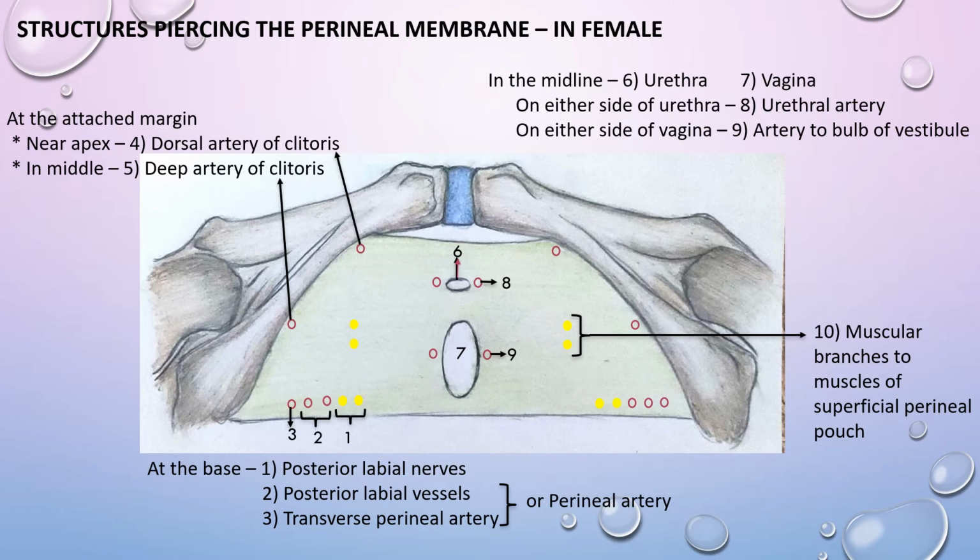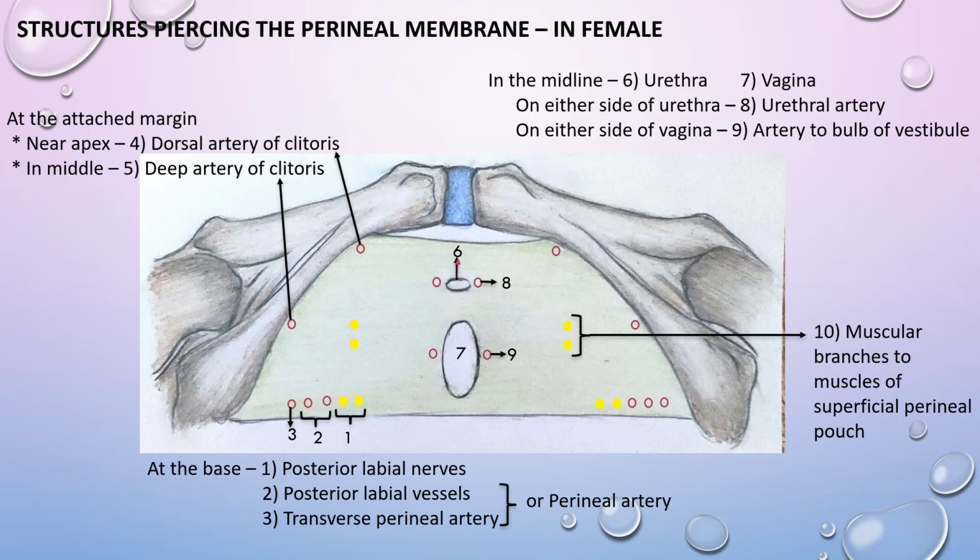The perineal artery, while it lies in the anterior part of the pudendal canal, divides into posterior labial vessels and the transverse perineal artery. These in turn pierce the perineal membrane along its base and come to the superficial perineal pouch.